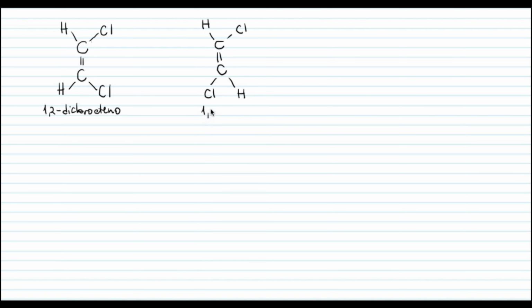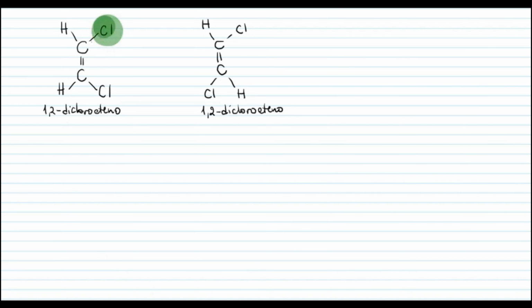This is still called 1,2-dichloroethene because we still have two chlorines and two carbons with a double bond, and there I have the ethene, and I have in position 1 and position 2 two chlorines, so it is still 1,2-dichloroethene.